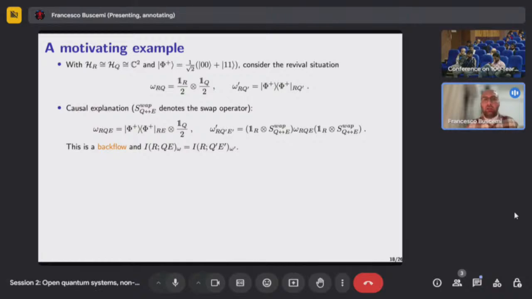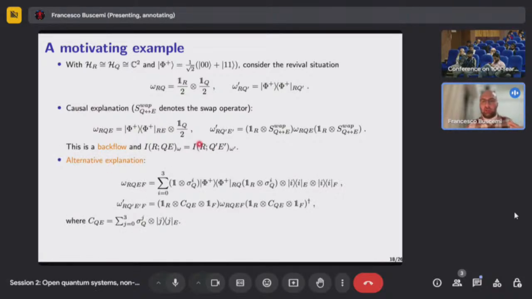But this is not the only explanation that we can give in this situation. There is also an alternative explanation, which would be the following. So here you see that you have now 4 systems. So you're doing something a little bit more interesting.